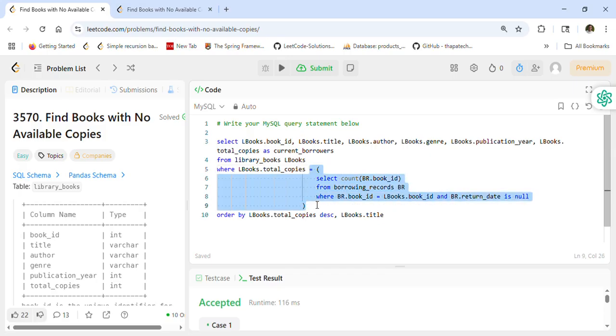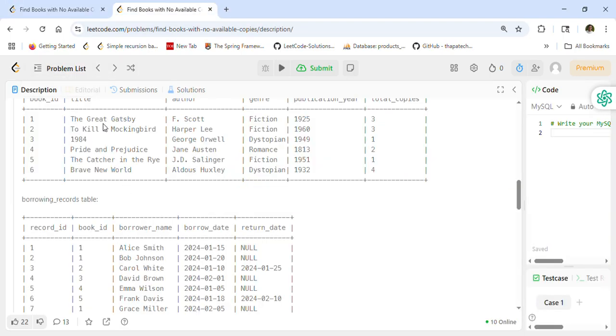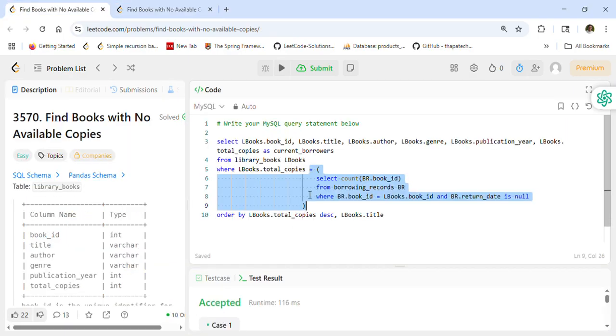It means that I have total 3 copies, for example for the first one, and 3 copies are gone. That I will calculate using this nested subquery. So it will tell me how many copies are out basically and checked out by other people at that moment. So if this number is matching, then only I will return those books, correct?